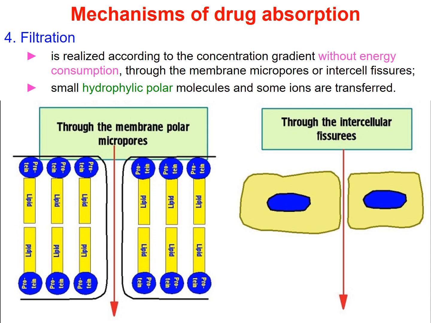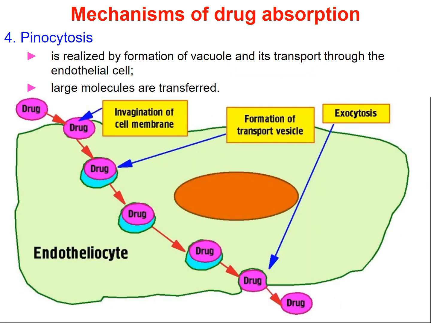using filtration mechanism. And the last one is pinocytosis, which is realized by formation of the vacuole due to the invagination of the cell membrane that covers the drug molecule, and this transporting vacuole is then transported to the other side of the cell, where this membrane of the vacuole fuses with the cell membrane of the cell, and this results in the release of the drug molecule to the other side of the cell.